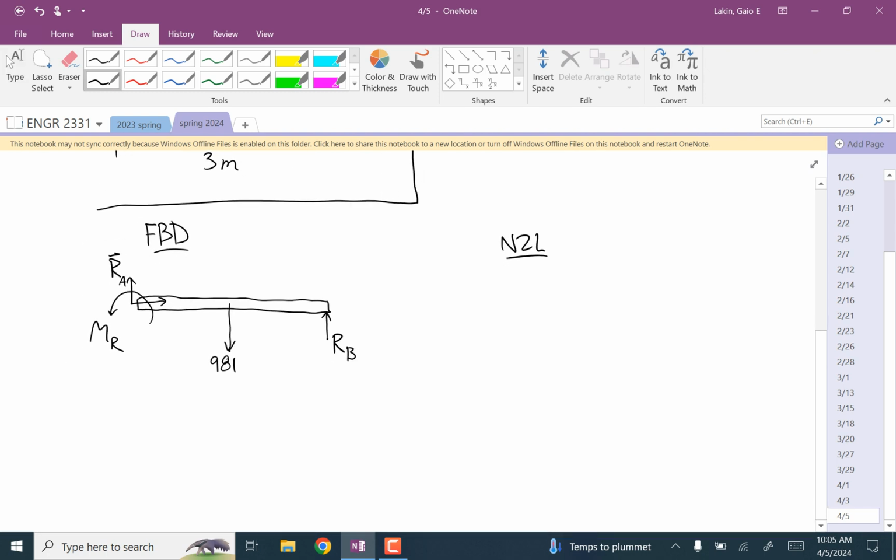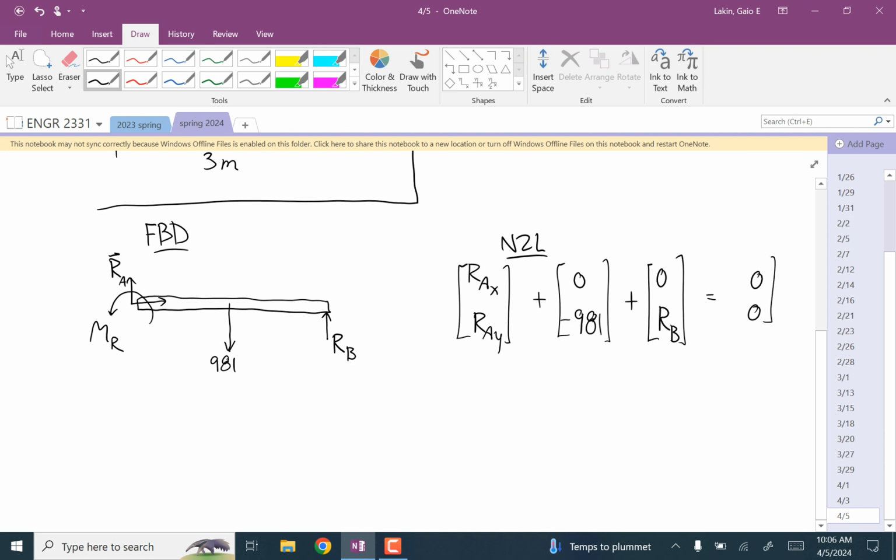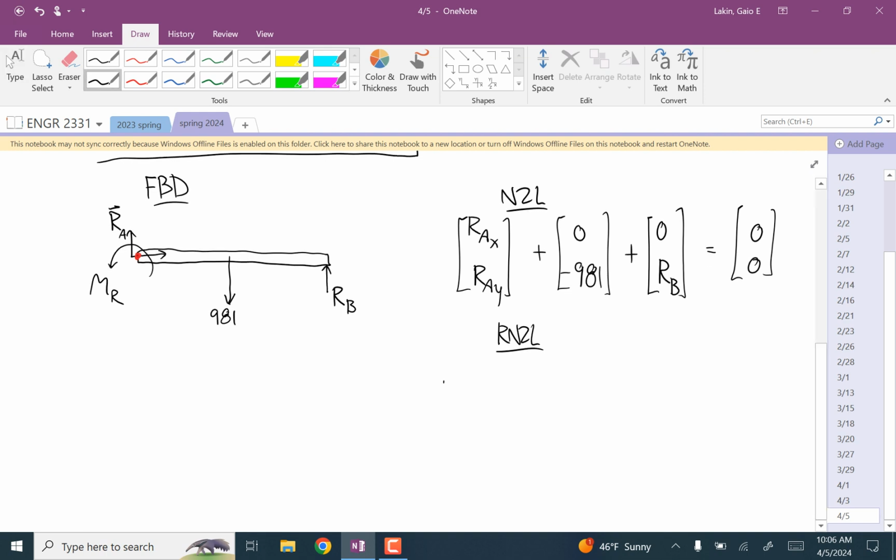Newton's second law says RAX, RAY plus 0, negative 981, plus 0 RB is equal to zero. And the moment equation, I'll use the left end as my about point.